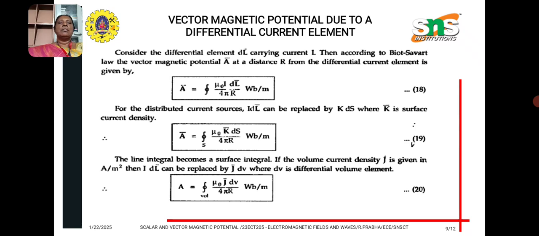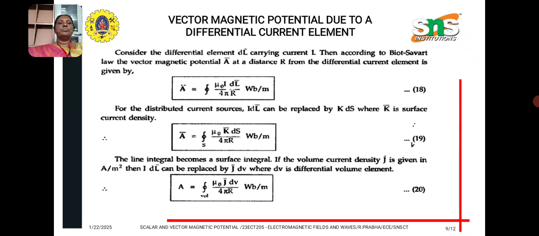Now, the vector magnetic potential due to a differential current element: A vector is equal to the closed line integral of mu naught I dl vector by 4 pi r Weber per meter. And when I dl is replaced by K dS for the distributed current element, here K is the surface current density. We can write the equation as A vector is the integral over the surface of mu naught K dS by 4 pi r Weber per meter.